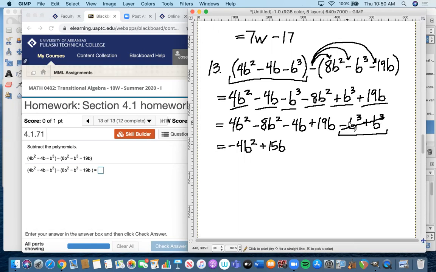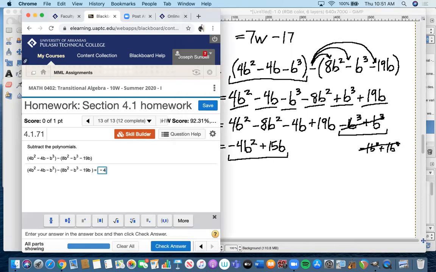It's like minus 1b to the third plus 1b to the third, so minus 1 plus 1 cancels. All I've got left is my answer: minus 4b squared plus 15b.